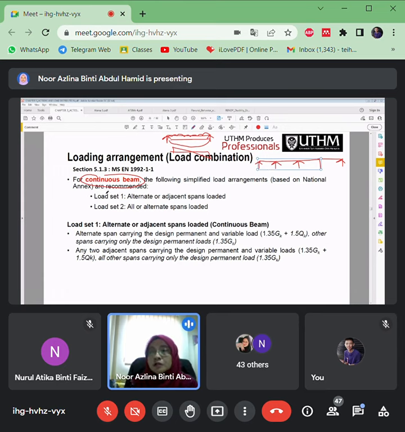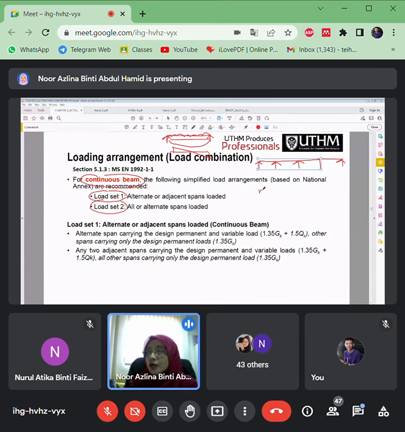to come up with its shear force and bending moment diagrams. So the code comes out with two types of load arrangement, which is load set 1 and load set 2. The load sets are about how you arrange the maximum and minimum load.